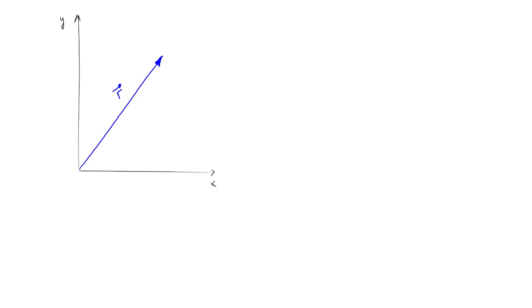Suppose the displacement vector r has a magnitude r equals 175 meters and points at an angle of 50 degrees relative to the positive x-axis. We want to find the x component and the y component of the vector.